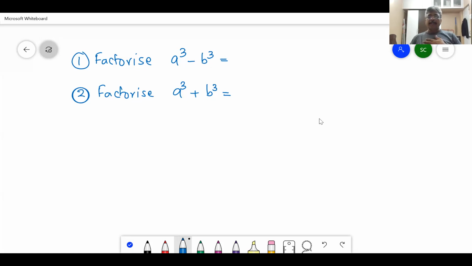Have we solved this problem earlier? No? Okay. Factorize completely a cube minus b cube, a cube plus b cube. Should be easy.